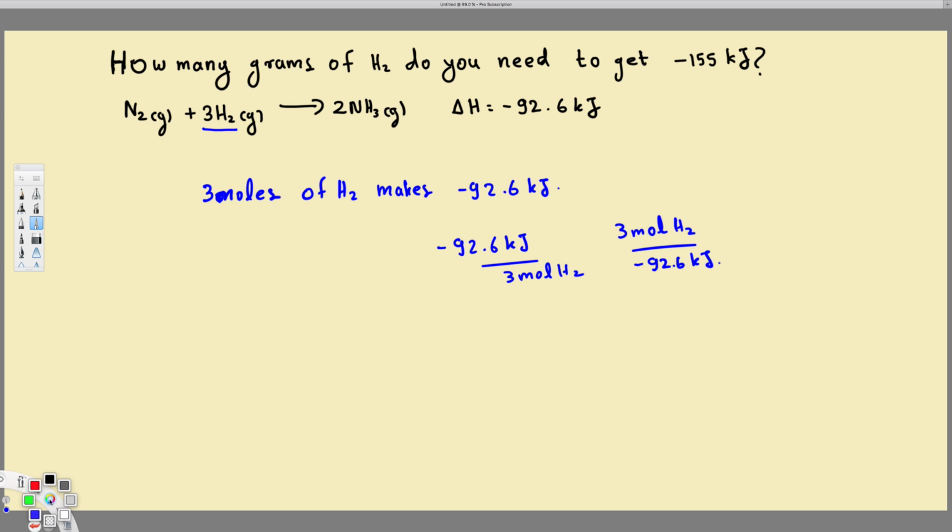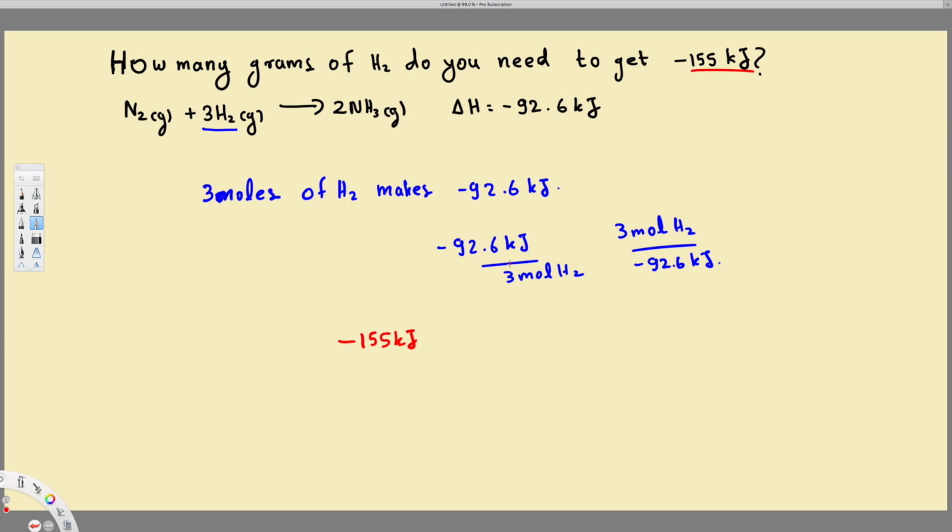So here we have to decide which one we are going to use, because when we bring this one, like let's put this right here, negative 155 kilojoules, and if I multiply this by which value, that will give the mole. That's what we have to decide.